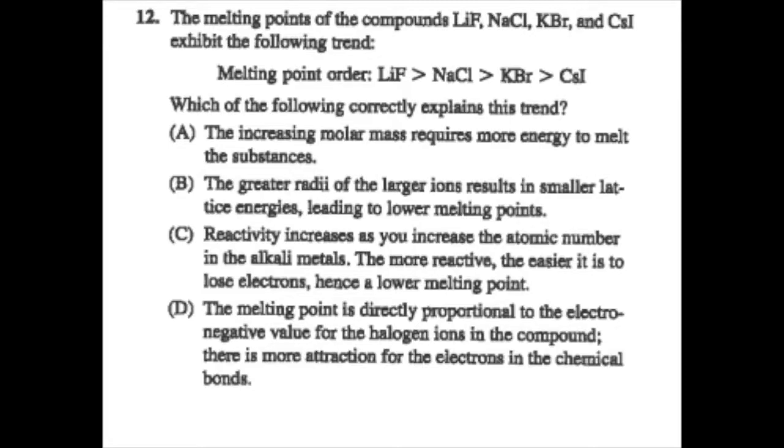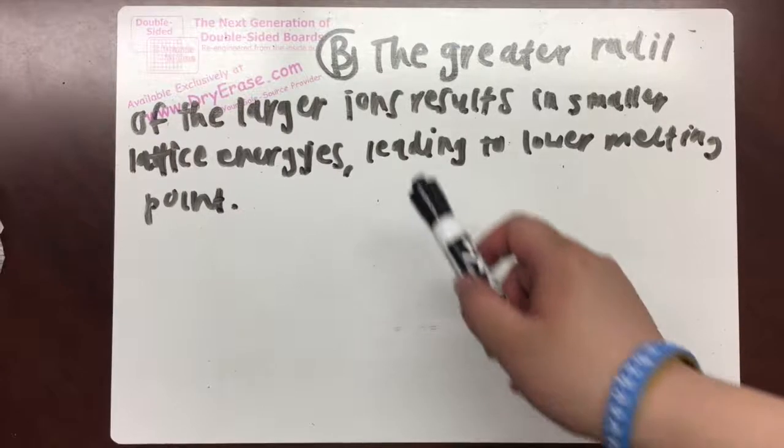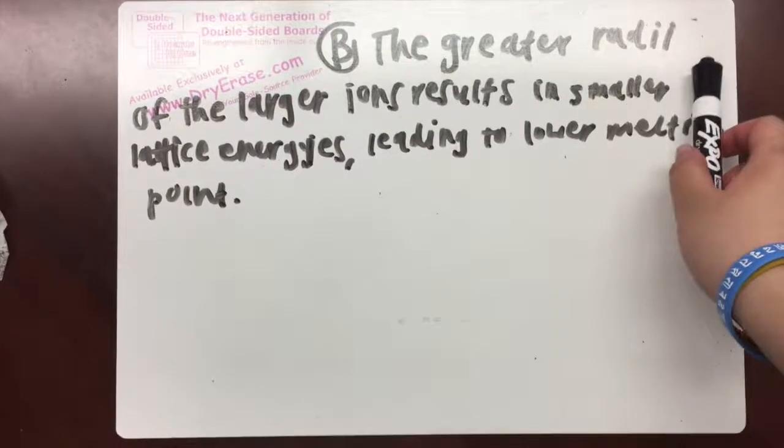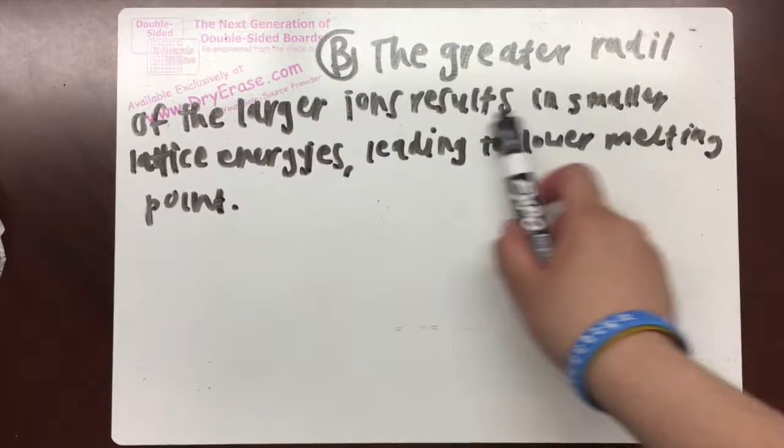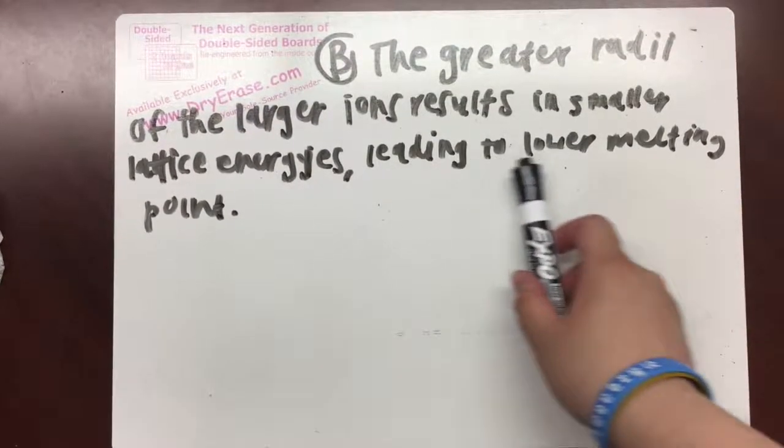The melting points of the compounds LiF, NaCl, KBr, and CsI exhibit the following trend. Which of the following correctly explains this trend? The answer for this question is B. The greater radii of the larger ions result in a smaller lattice energy, leading to lower melting points.